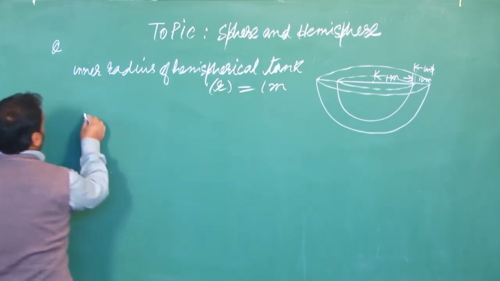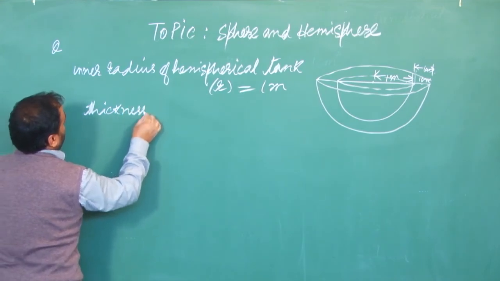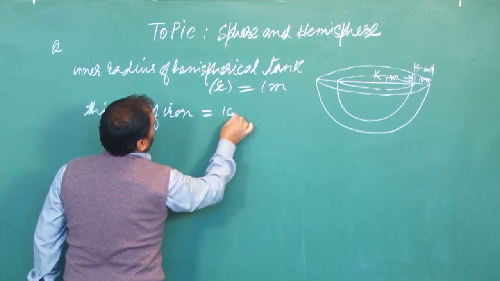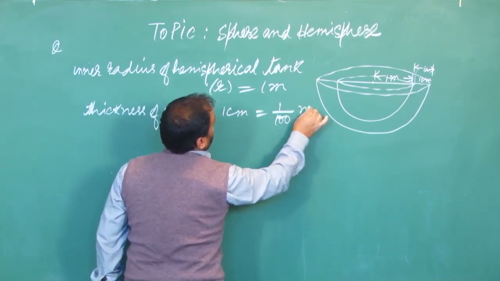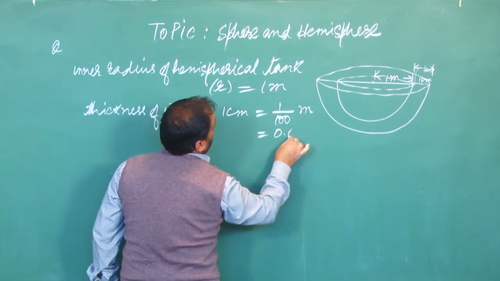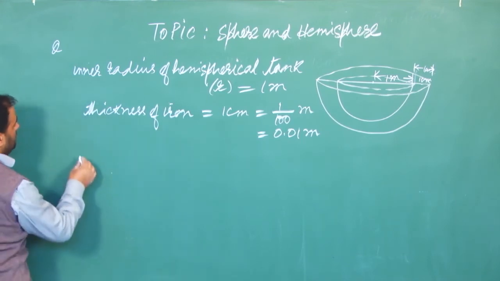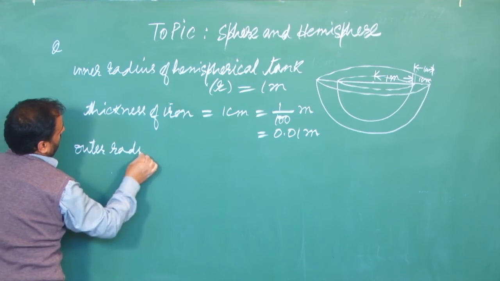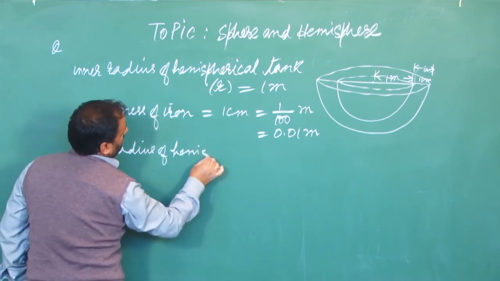So, the thickness of the iron is 1 centimeter. If we convert that into meters, it is 1 by 100 meter, or you can write it as 0.01 meter. It gives you the outer radius of this hemispherical tank.